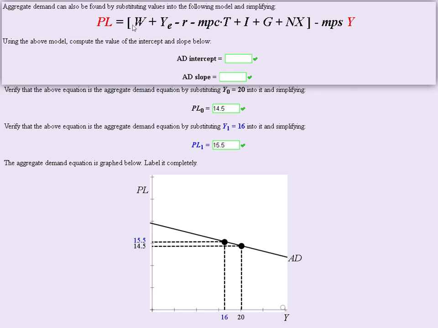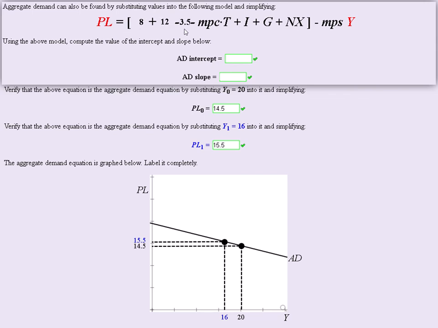And aggregate demand is a function of overall wealth, the expectations of future income, the real rate of interest, the marginal propensity to consume, taxes, investment expenditures, government spending, and net exports. Our wealth was 8. Expected future income was 12.